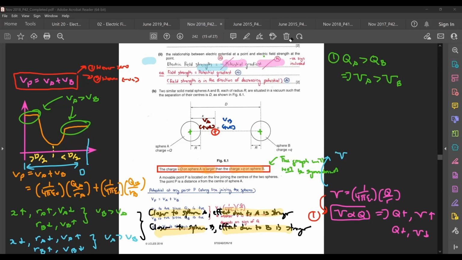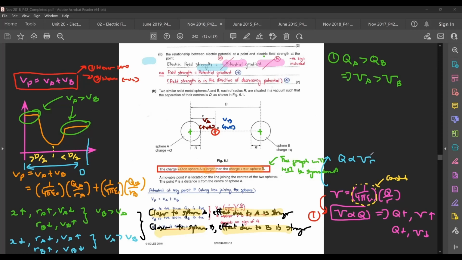Q is proportional to potential times R, assuming that this thing here is constant, which is known to be true. Okay, since my 1 over 4 pi epsilon naught is constant, I can say that Q is actually proportional to VR.